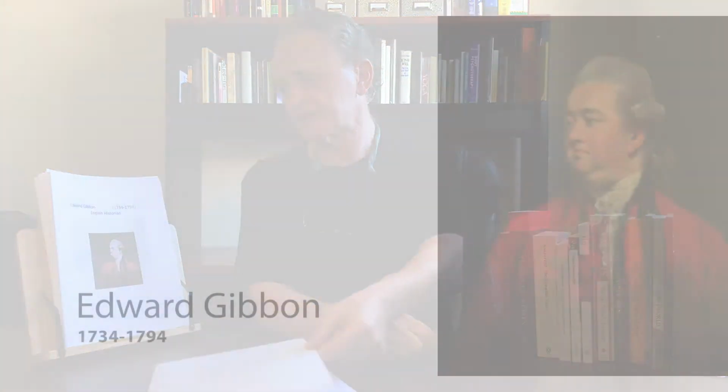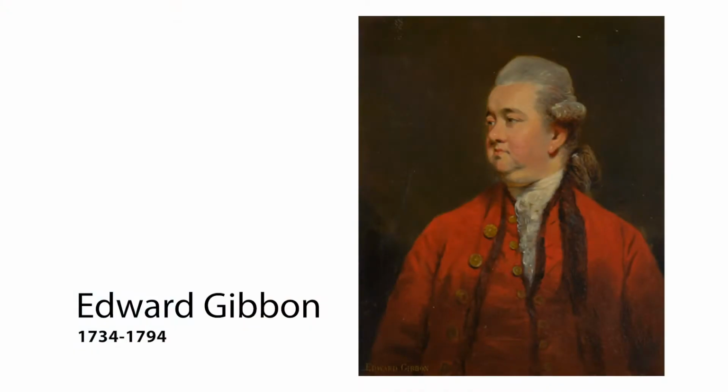And this book, which he had at first thought to be just one volume, turned into a six-volume expedition. Now, this book is tremendously influential. There's a picture of Edward Gibbon.